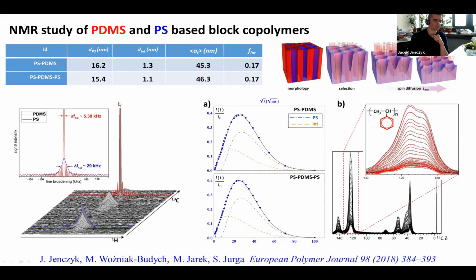And you can nicely see that, for example, the signal which represents polydimethylsiloxane has a completely different line width than the signal attributed to the hard polystyrene. And using this WISE NMR, you can nicely distinguish 2 different subunits, and you can prove and show directly that they do undergo phase separation, and you have 2 different domains having different mobility.